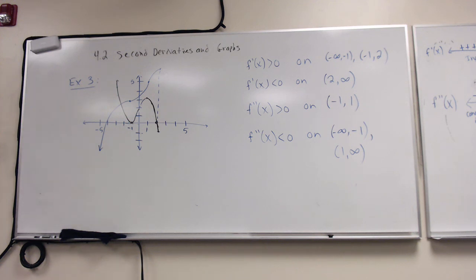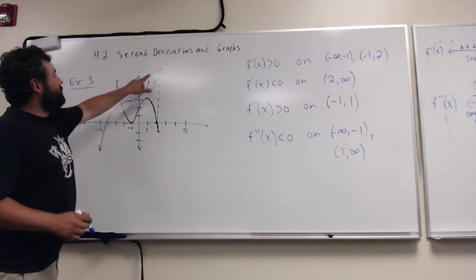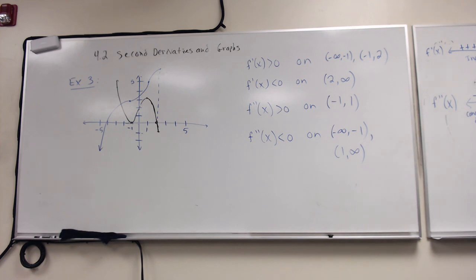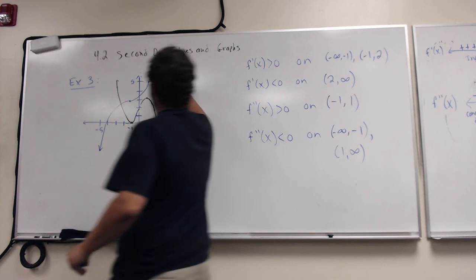Yep, I just made it up, because there are infinitely many functions that can work. Once I've drawn a function, it can be shifted up or down anywhere I want, and it would still work. At 2, we're still concave down, but now the function is decreasing. So it's going to look something like this.